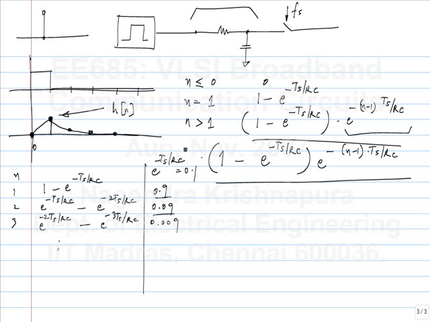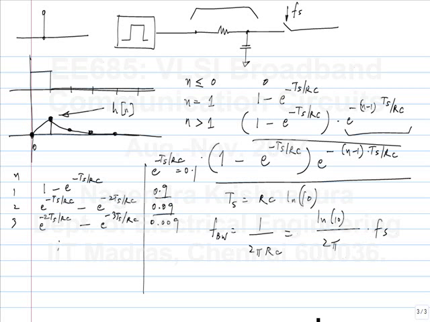In this case, Ts is RC ln 10, and the bandwidth of the RC filter is 1 over 2 pi RC, which is ln 10 by 2 pi times fs. And how much is this? Approximately 1/3, right? This is 2.3, this is 2, I will cancel that off, and pi is 3. So even for fs by 3, we don't have such a bad situation. We don't really need 2 times fs.